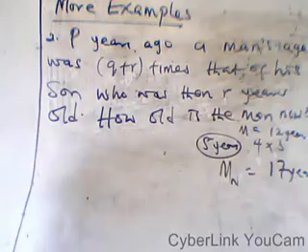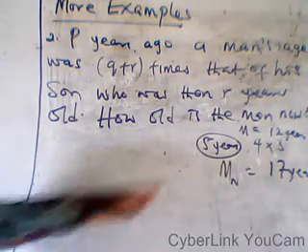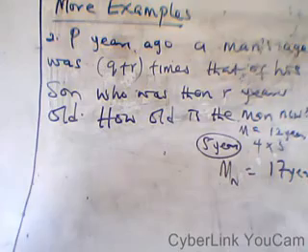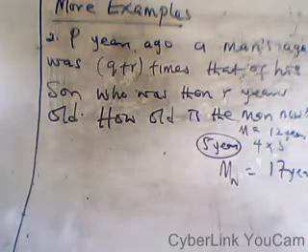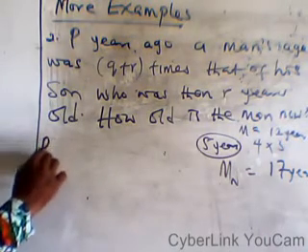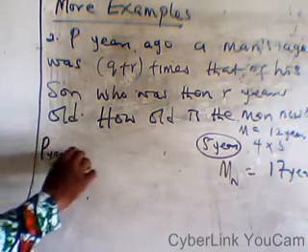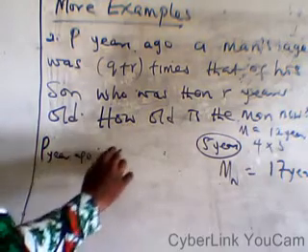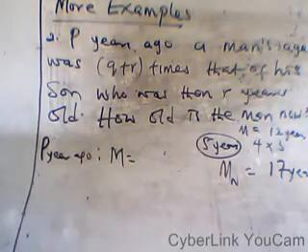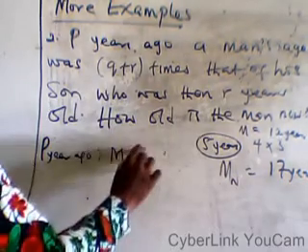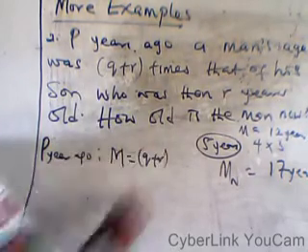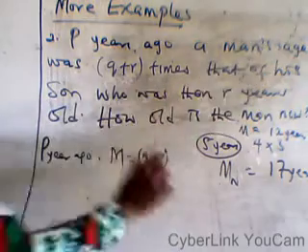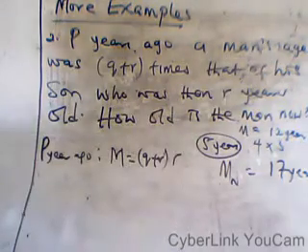This is how you approach the question. Is it clear now? If you use numbers for the question, you arrive at this as your answer. Let's now go back to the question. Now, P years ago, a man's age was Q plus R multiplied by the age of his son, which is R years.